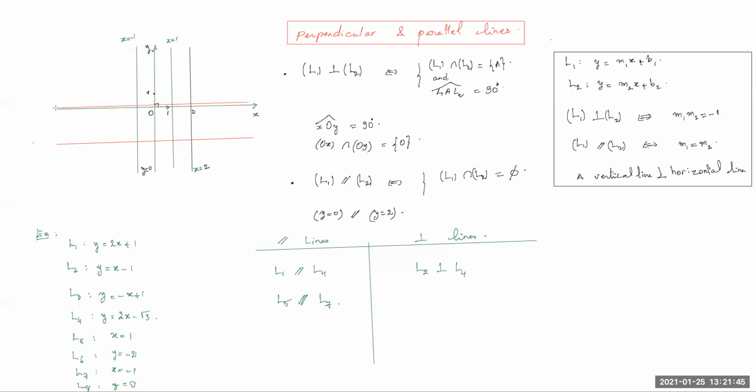So this is y equals 0 and y equal minus 2. The two lines are at an equal distance, so they are parallel. So L6 is parallel to L8.